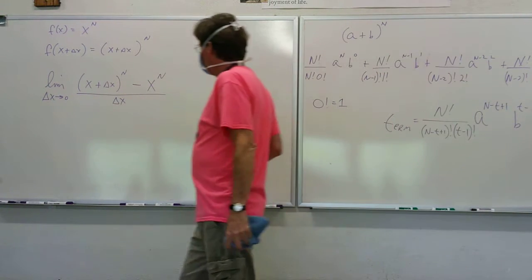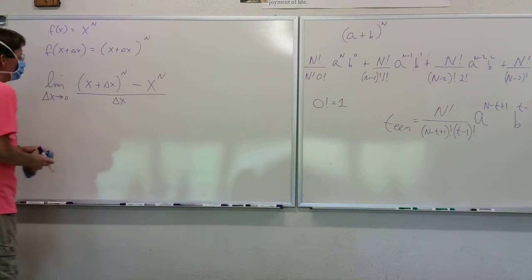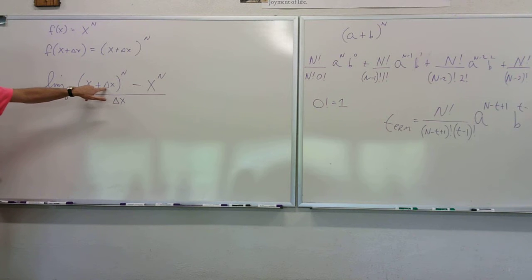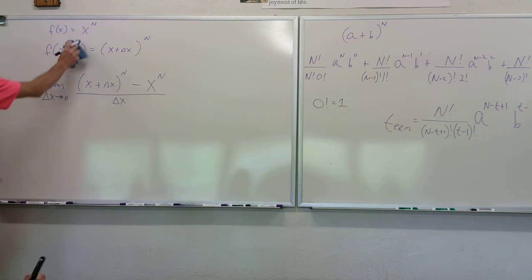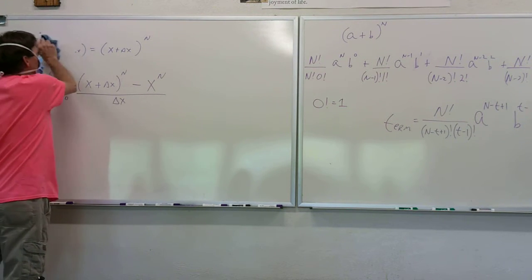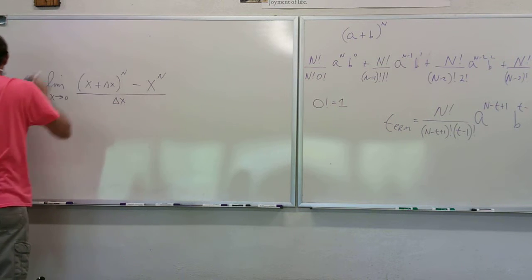If you look at this right here, we're about to use the binomial expansion on that. That's why we learned binomial expansion, is to prove this one derivative rule. All right. Now, so that I'll have room to write as we do this, we'll put it above it.